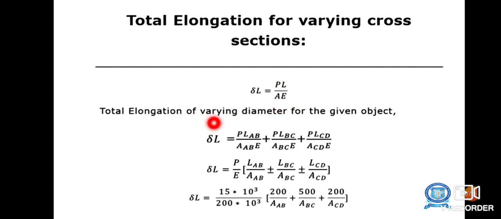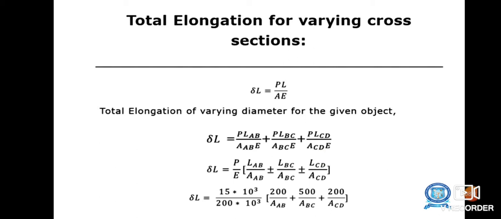So the total elongation for varying diameter is del L equal to P into length of AB divided by area of AB into Young's modulus, plus P length of BC divided by area of BC into Young's modulus, plus load into length of CD divided by area of CD into Young's modulus.